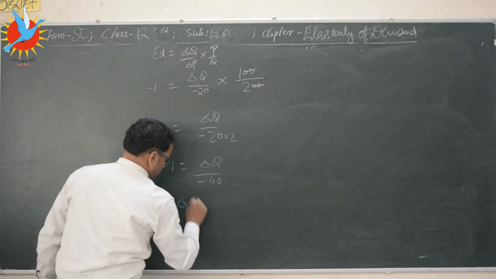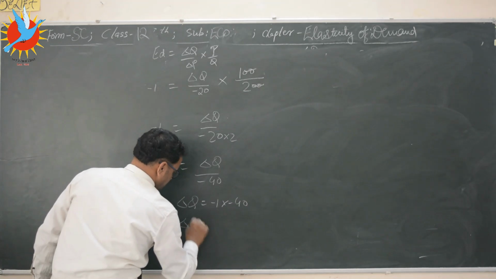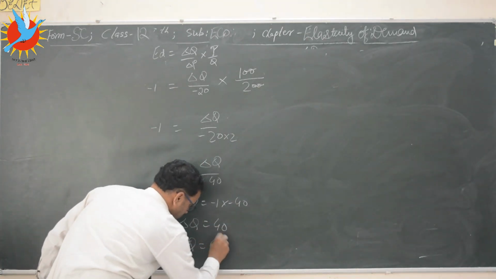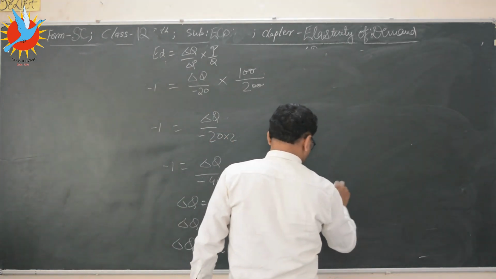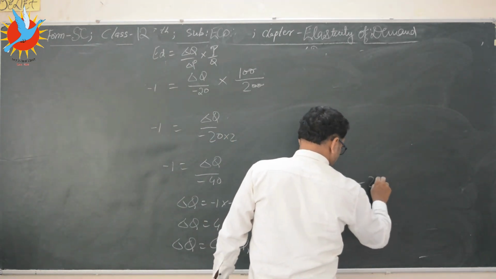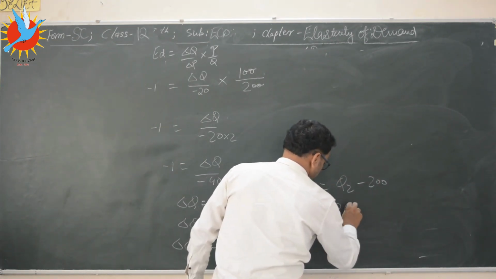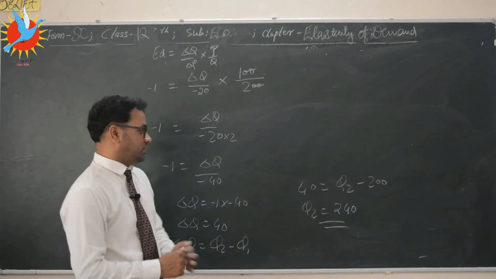So delta Q is equal to minus 1 into minus 40. Delta Q is equal to 40. Delta Q is equal to Q2 minus Q1. So 40 is equal to Q2 minus 200. Q2 is equal to 240. So new quantity is 240.